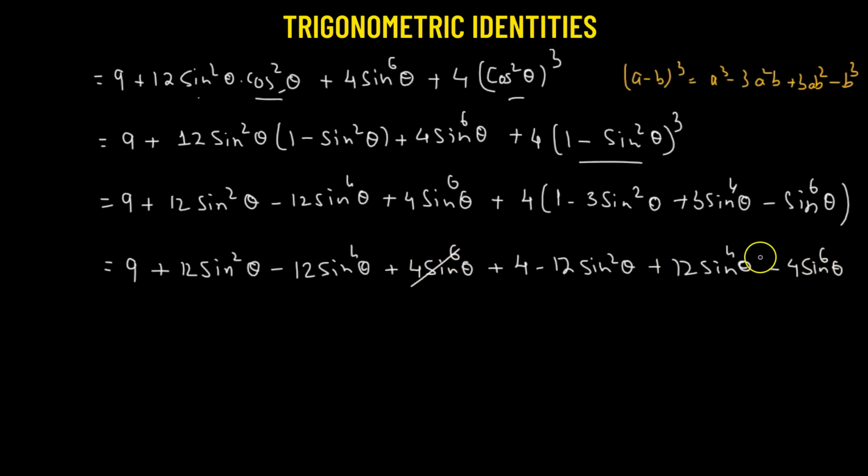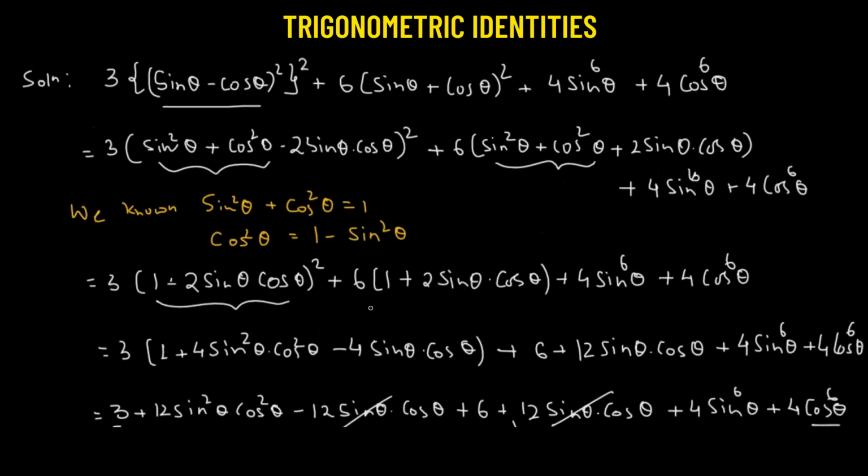So we can see that 4 sine theta whole raised to the power of 6 cancels out. 12 sine theta raised to the power of 4 also cancels out. Negative 12 sine squared theta cancels out. Positive 12 sine squared theta goes away. So we're left with 9 plus 4, which equals 13. So this is the final value.